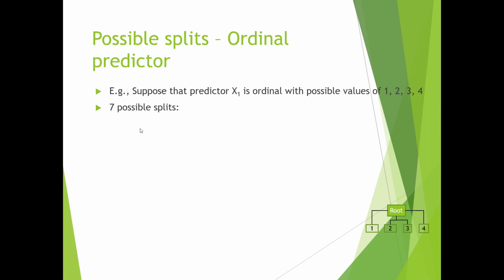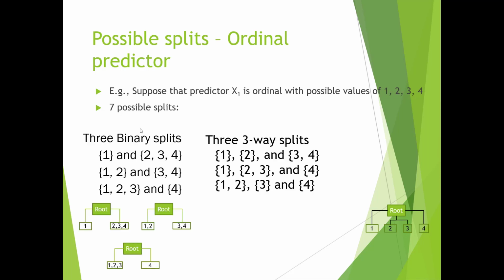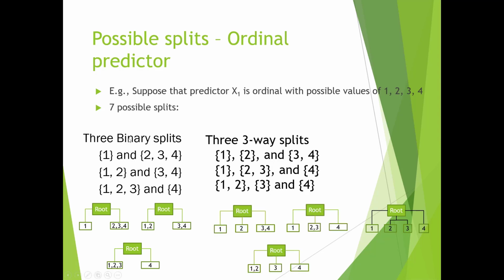Now, you have a 3-way split, so you have a 1st branch, a 2nd branch, and a 3rd branch, right? So that would be like that. These are the possible ways in which you can have 3-branch splits.